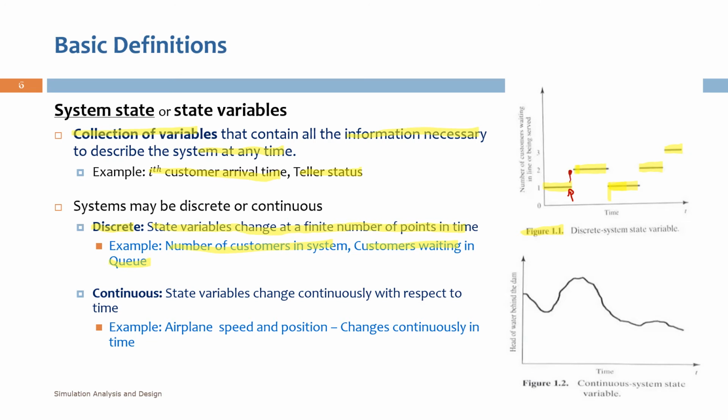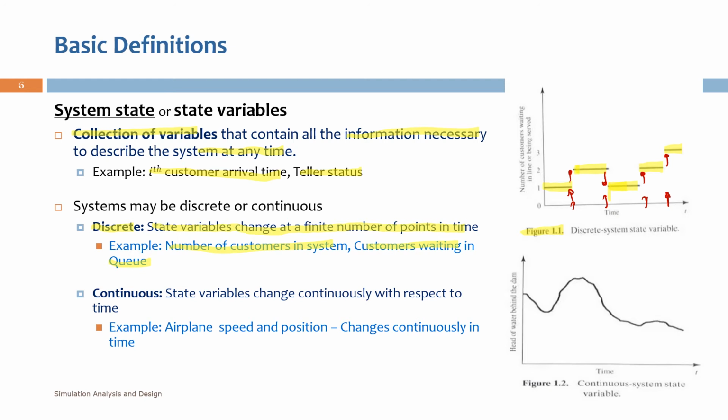Another change is here, it drops from 2 to 1. Again it changes here, it jumps from 1 to 2, and another one here. So the changes in the system state happen only at discrete points of time, right? Not continuous. So this system is called a discrete system.